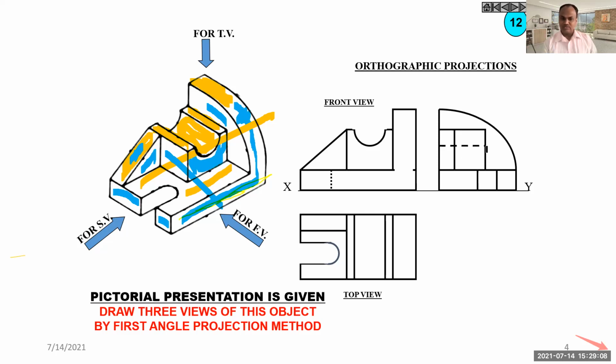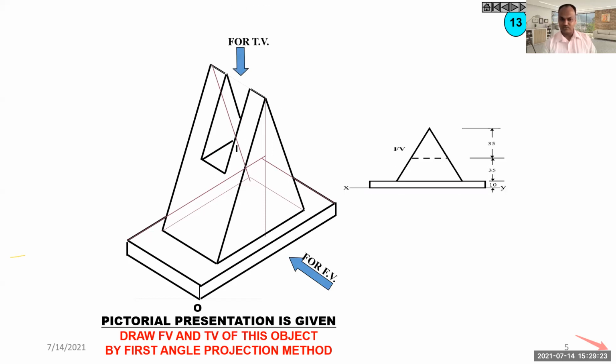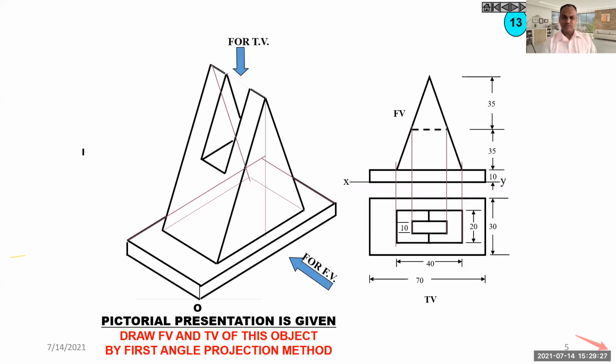Anything else? Does anyone else want to ask? You can unmute, or mute, if anyone else wants to ask, unmute. This triangular portion is very easy: one rectangle and one triangle, only for the slot I have shown the dotted line in front view. In case of top view, I am going to see this rectangle, one big rectangle. Actually this is a triangular pyramid but its base is rectangular, so it will be seen as a rectangle.